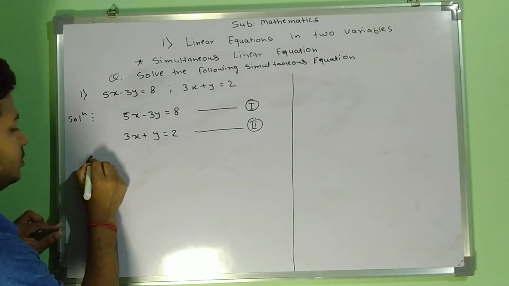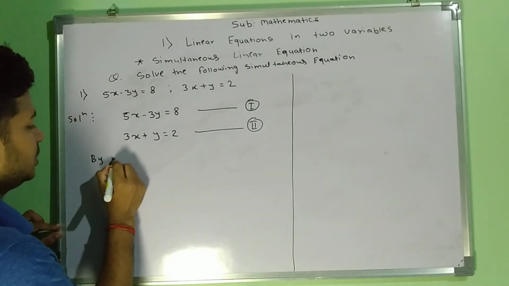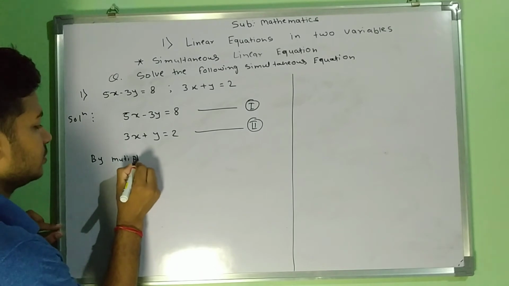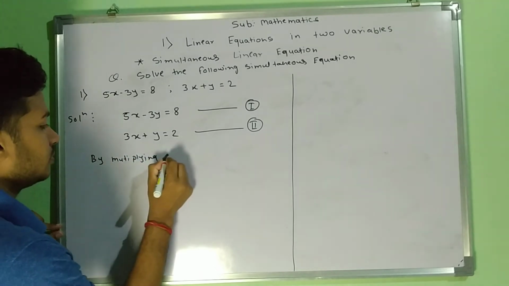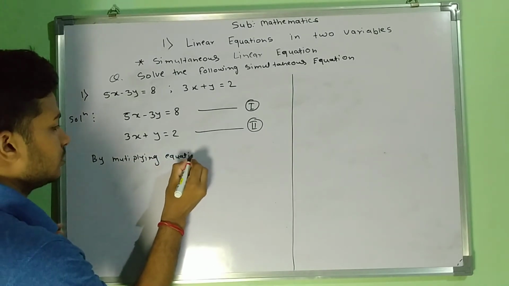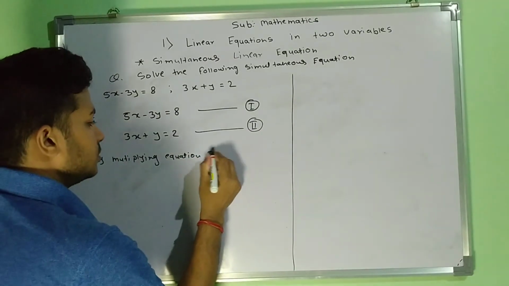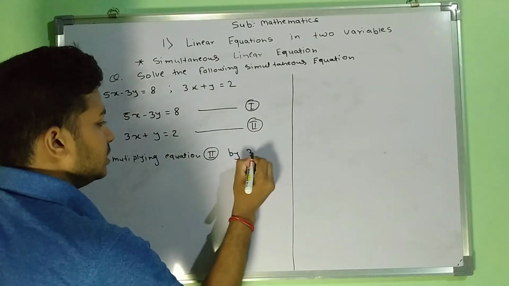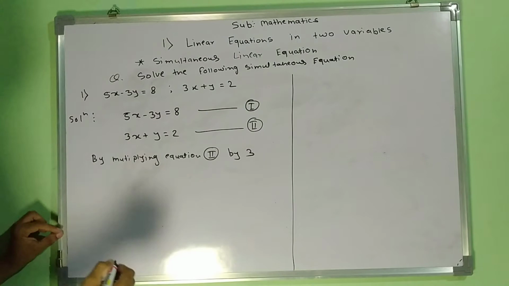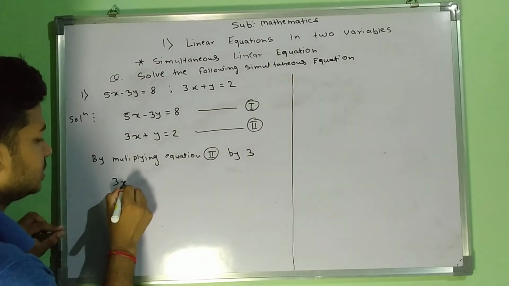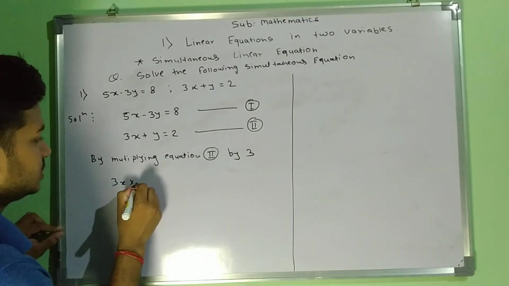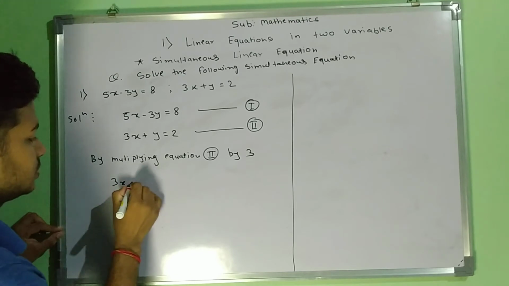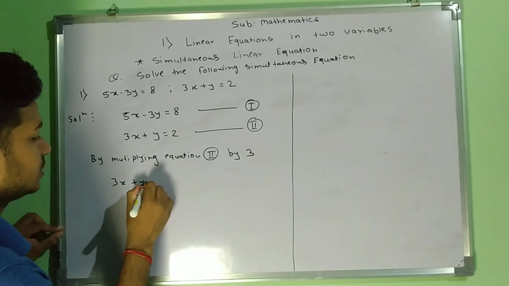By multiplying equation 2 by 3, let's see what happens. 3x plus y is equal to 2.